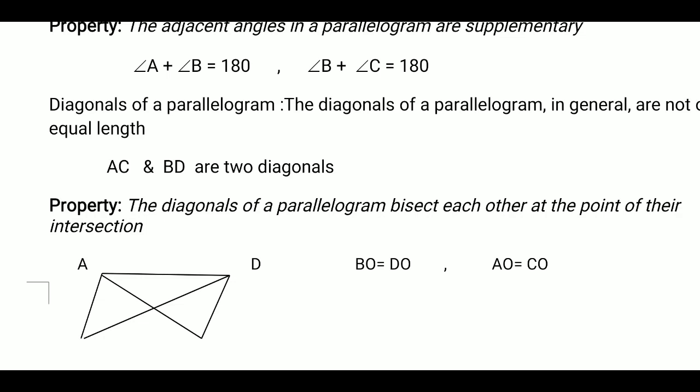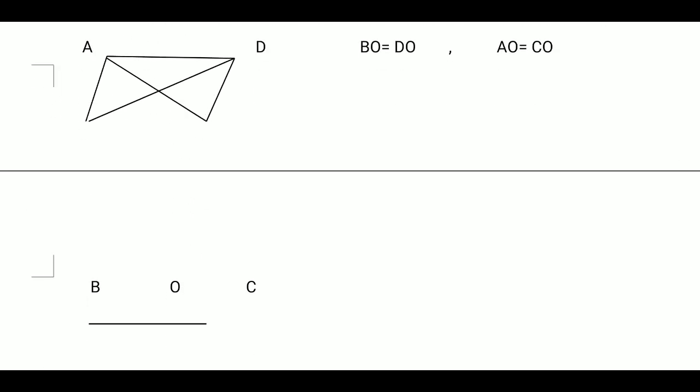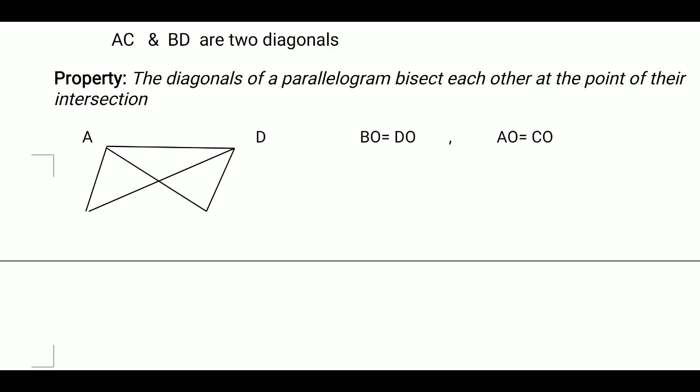Here ABCD is a parallelogram and AC and BD both intersect at point O, then BO is equal to DO and AO is equal to CO. It means the diagonals of a parallelogram bisect each other.